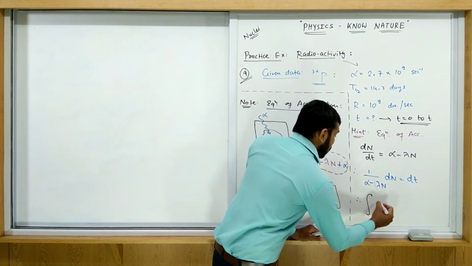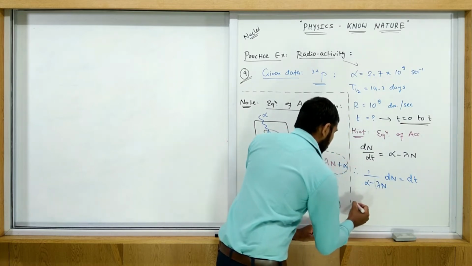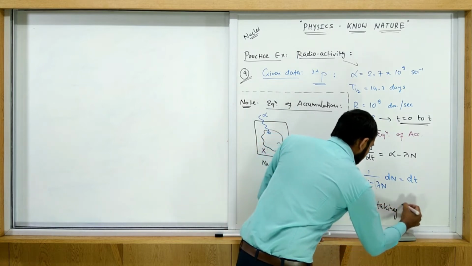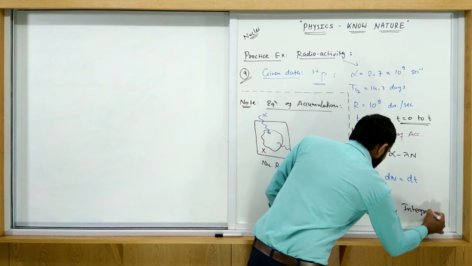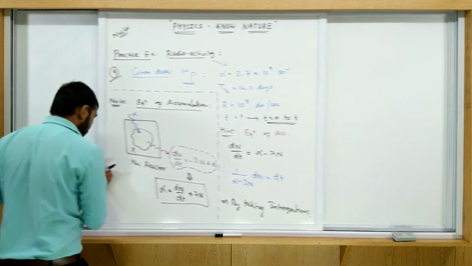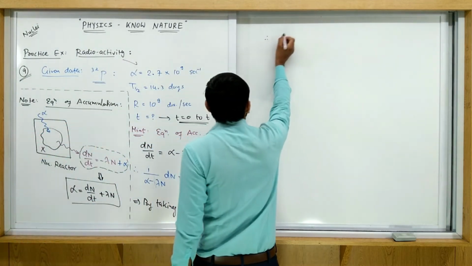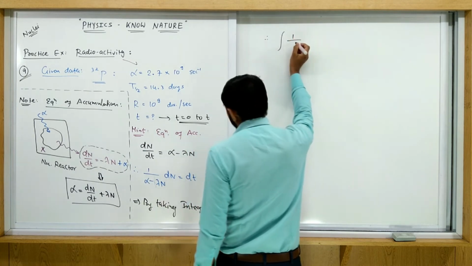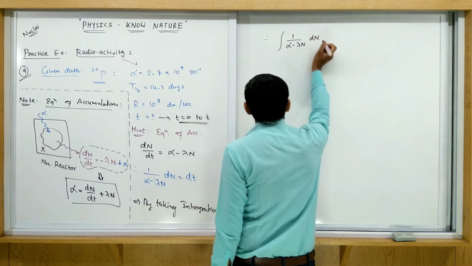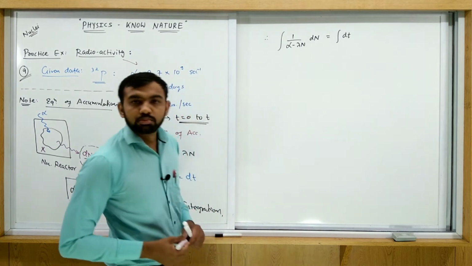Integration of 1 upon alpha minus lambda N dN is equal to integration of dt. Simple one.